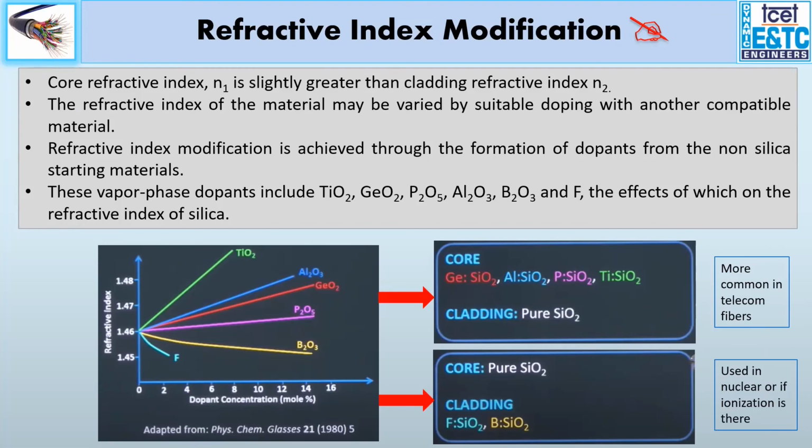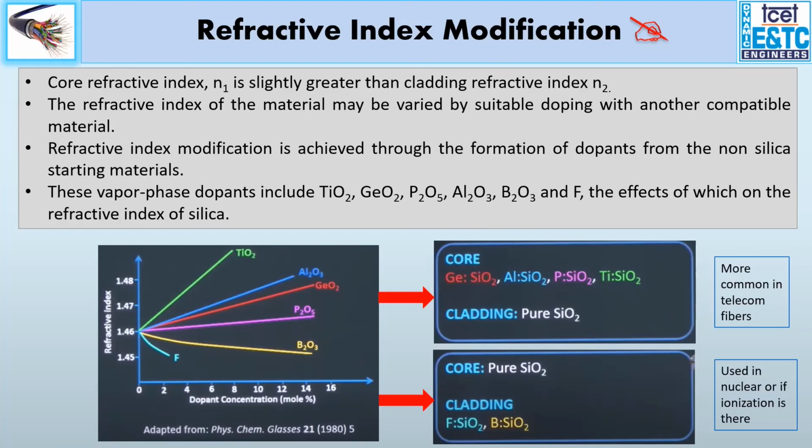So low transmission losses will definitely depend upon the purity of the material that you are using, because these fibers are fabricated in a furnace and there are chances that during the fabrication process, which is at a very high temperature, there could be some air gaps or bubbles coming into it. They become the point of loss centers.